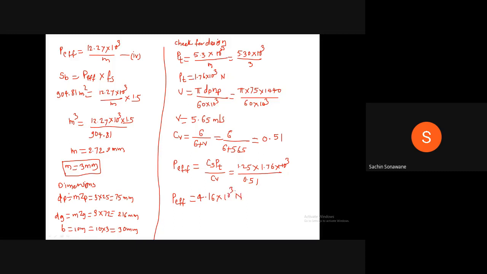Now we have seen that SB is less than SW. Therefore, we will calculate only the value of SB. SB is equal to 904.81 m square, so 904.81 into 3 square. Therefore, calculate the value of SB in Newton.